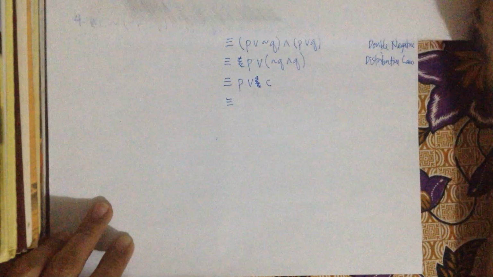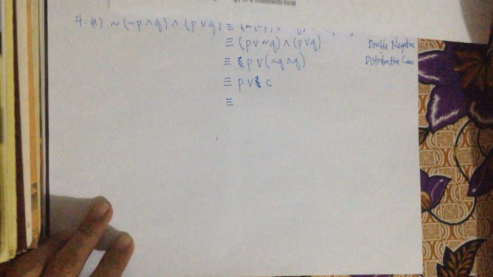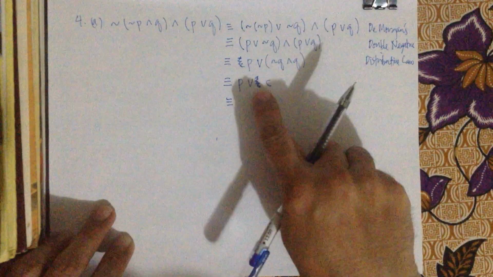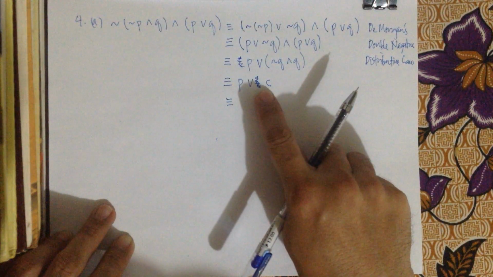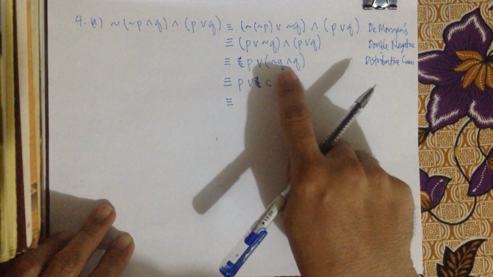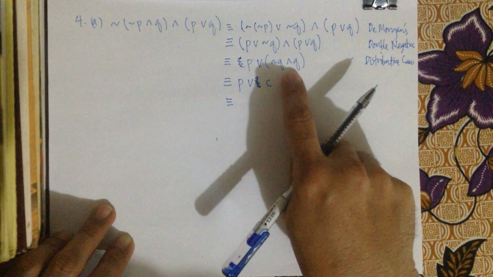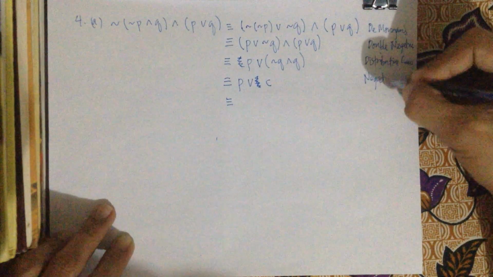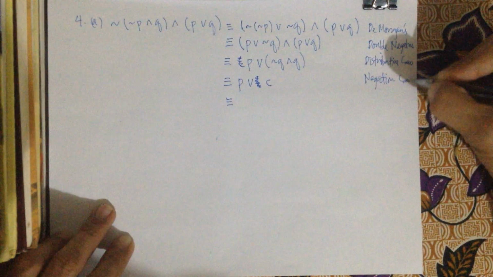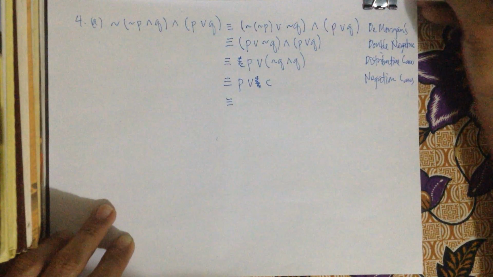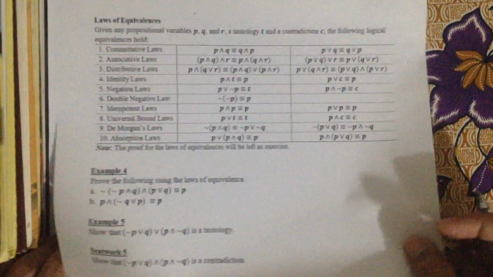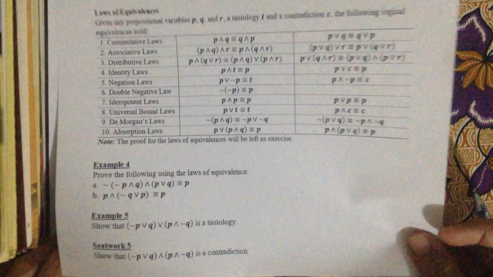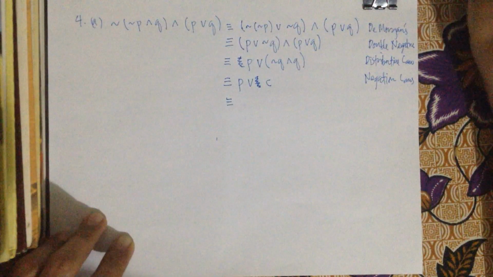And then, what is P or a contradiction? By the way, the justification for this one is the negation law. You can always refer to this table, the laws of equivalence.